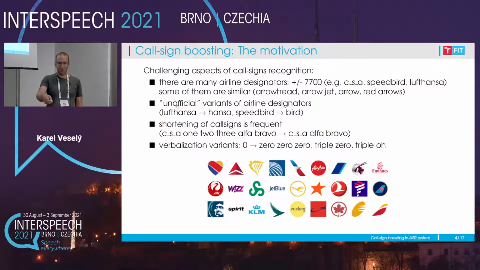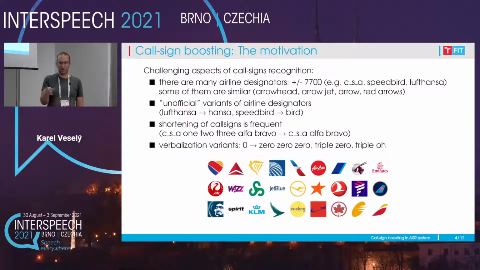There are also some unofficial variants, where the longer ones get abbreviated just to gain some speed, like Lufthansa gets shortened to Hansa, Speedbird to Bird. Shortenings of the call signs are allowed in the standard.